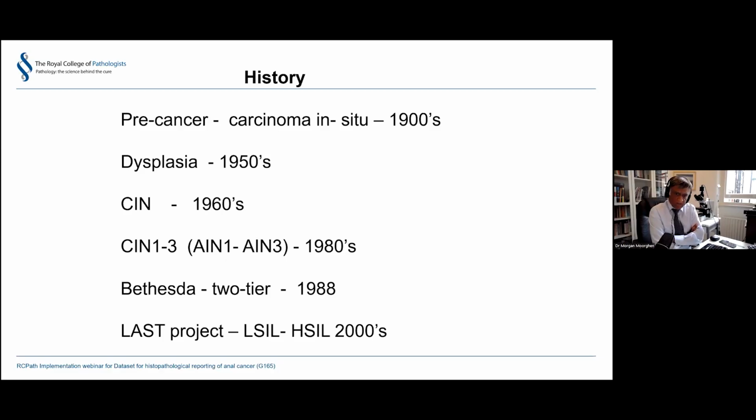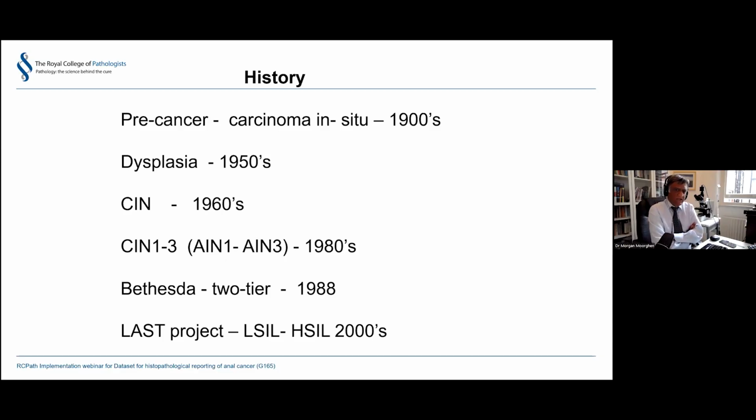And the reasoning behind this, quite correctly, was that we were not dealing with a perfect continuum. We had at one end a lesion which is probably not cancerous at all, in which there is koilocytosis and condyloma formation. And then at the other end, you've got something which is clearly neoplastic. So that was the thinking behind it.